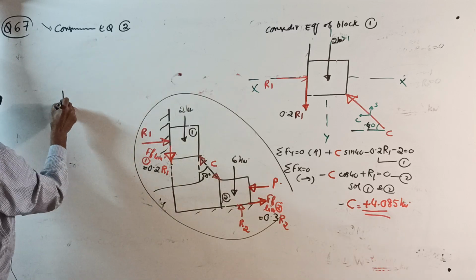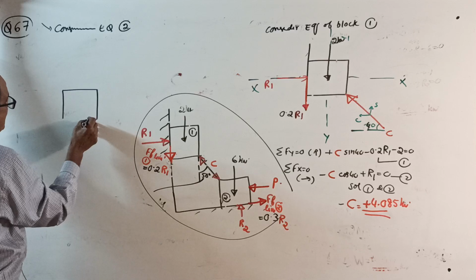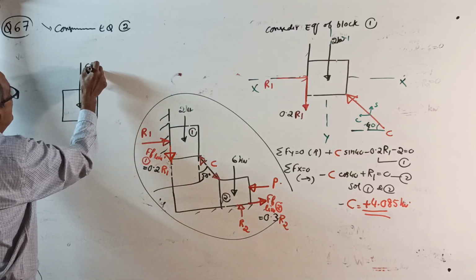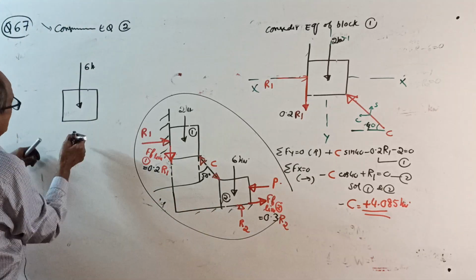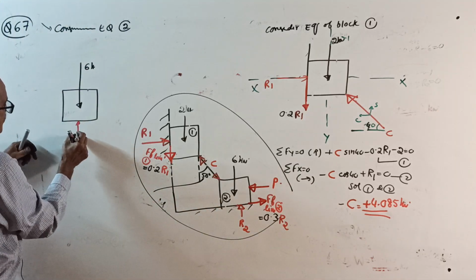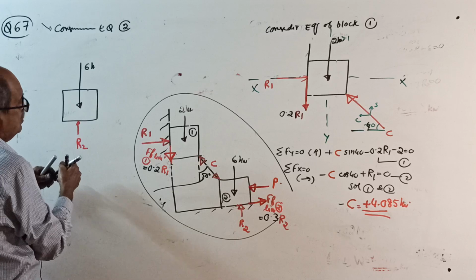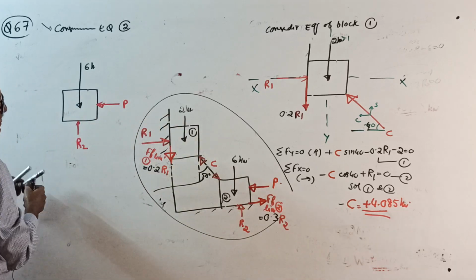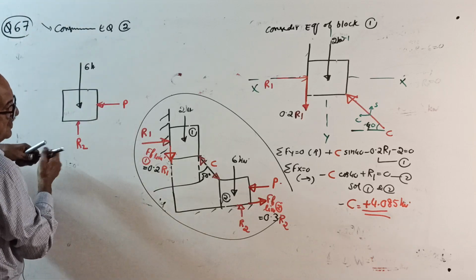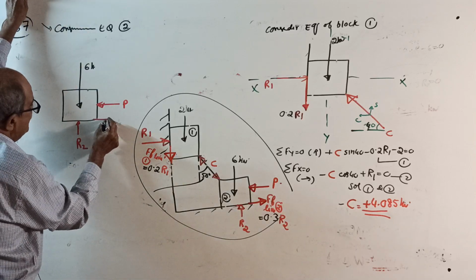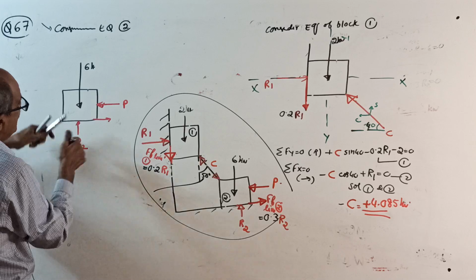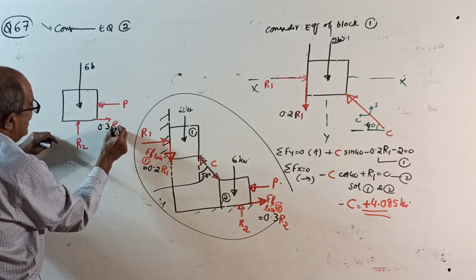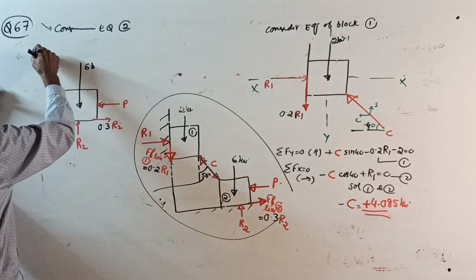I will give this as an exercise for you. Weight of 6 kilonewton, this block. Normal reaction R2, a force P here, a frictional force this side of 0.3 R2, and a compression force here.